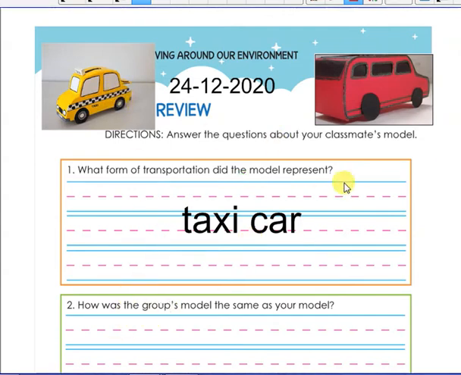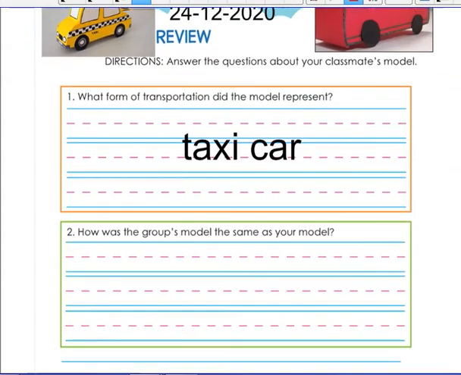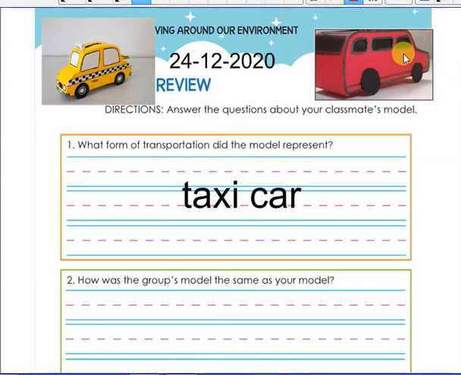How was the group model? Is it the same as your model? Your model and their model. We use carton paper, right? They use carton paper, yes. So this is similar to us. This model is the same as this model in what?